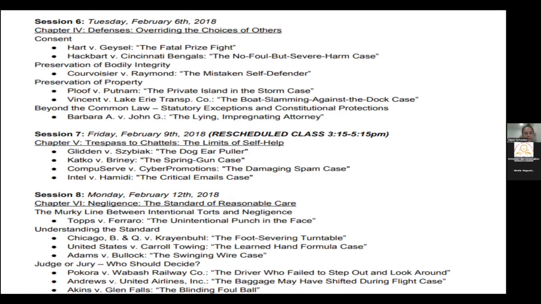And same thing with some of the sections here. So here, for instance, under session 8, if it's negligence, the standard of reasonable care, you want to look at, okay, what constitutes the reasonable standard of care? And each of these cases is addressing the issue of reasonable care. And that's all I'm supposed to look at.